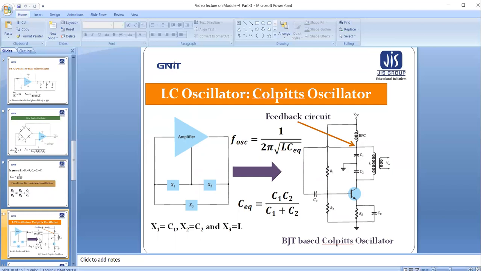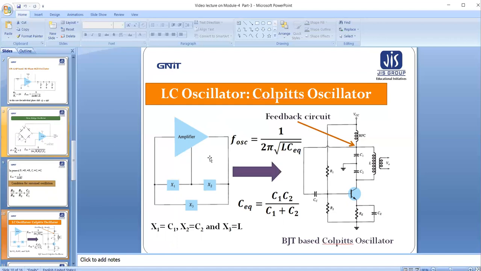These LC oscillators are called high frequency oscillators. They generally produce megahertz signals. The frequency range is of the order of megahertz. Why? Due to the presence of the LC network or the tank circuit.